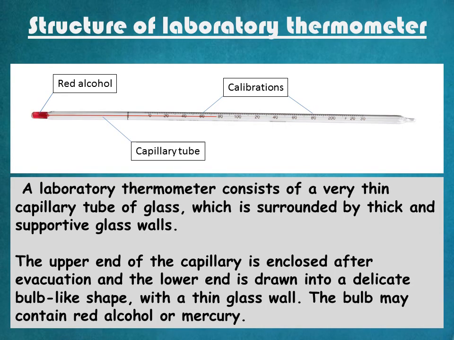Let us study the structure of laboratory thermometer. A laboratory thermometer consists of a very thin capillary tube of glass which is surrounded by thick and supportive glass walls. The upper end of the capillary is enclosed after evacuation and the lower end is drawn into a delicate bulb-like shape with a thin glass wall. The bulb may contain red alcohol or mercury.